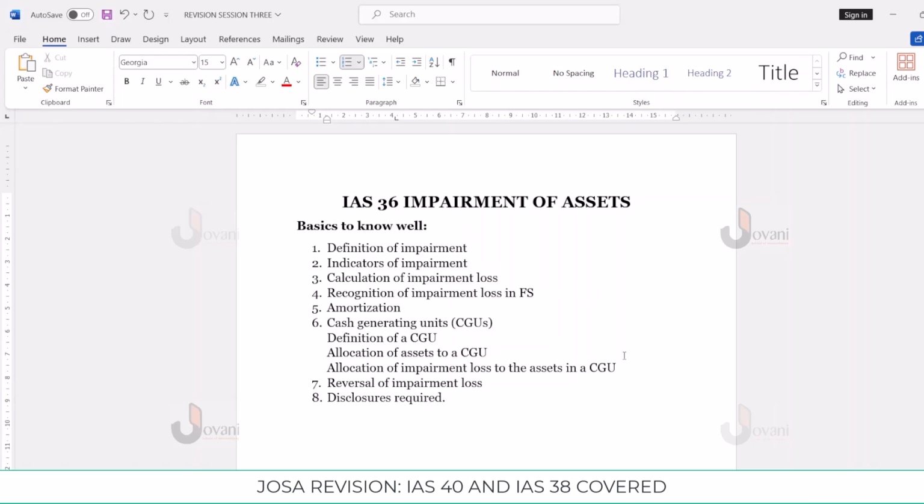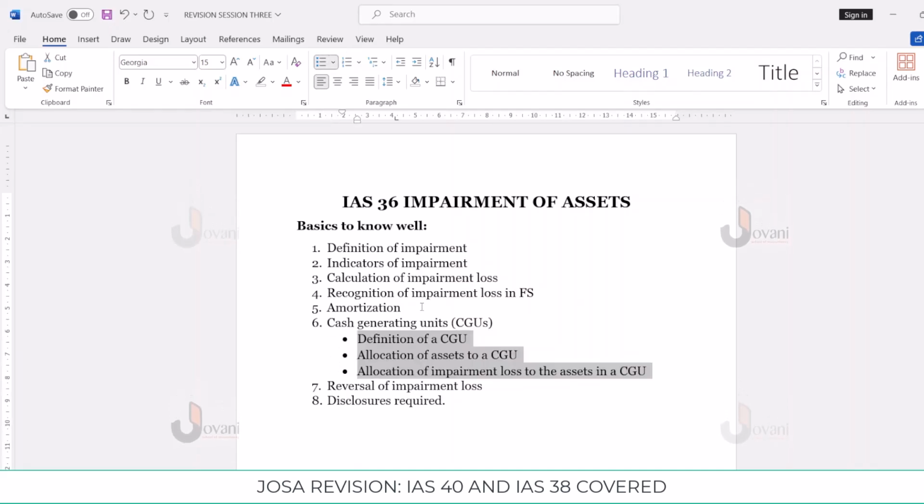So this standard seems to be lengthy, but trust me, when it comes to your papers, it is easy because you can easily see the points given in the case scenario. So these are the basic 8 things that a student should know under IAS 36, impairment of assets.